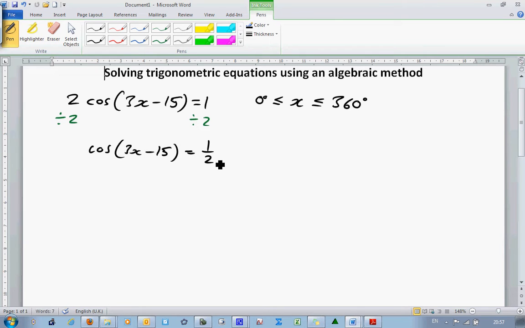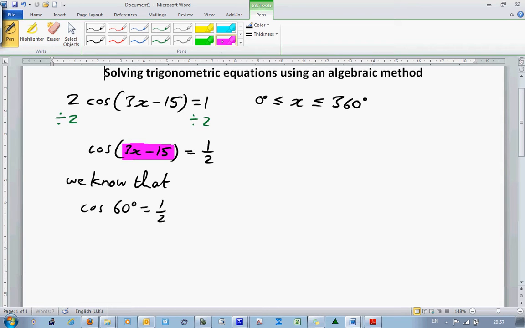Now at this point, what we have to think about is that the cosine of something, the cosine of an angle, is a half. Well, what do we know? We know that the cosine of 60 degrees equals a half.